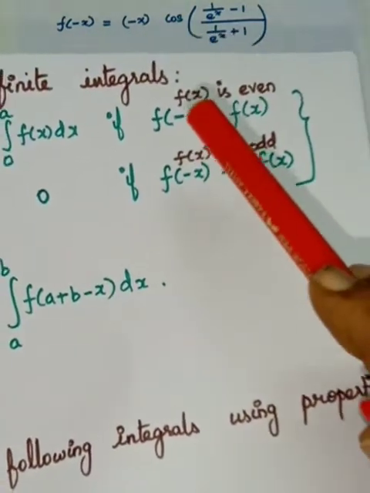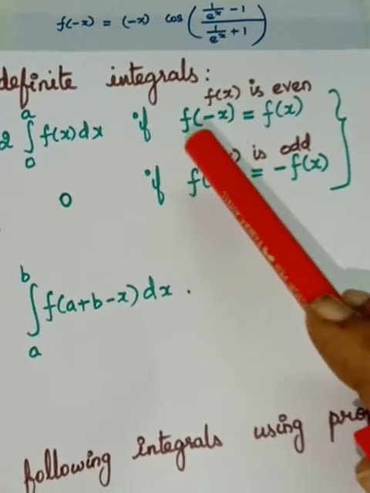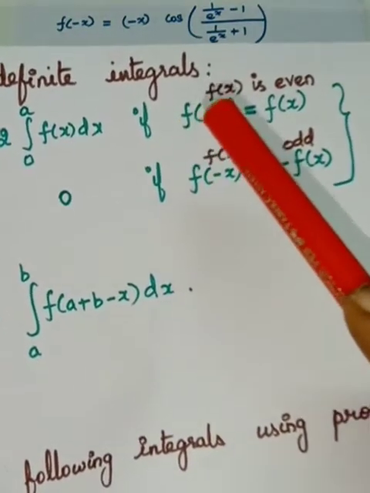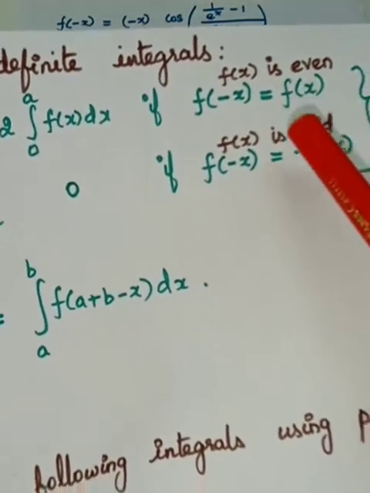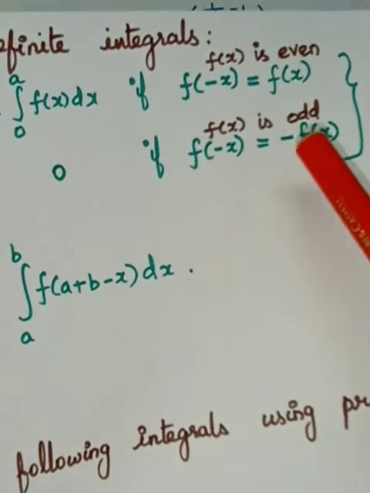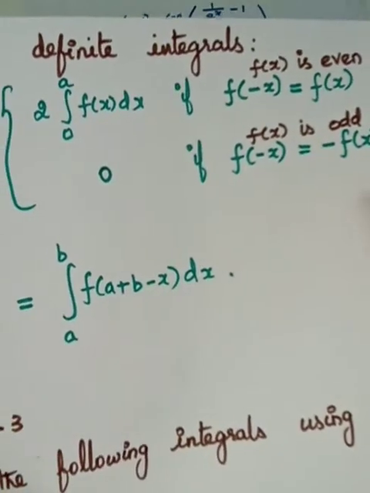You know very well, f of x is even means if we substitute x as minus x, that is f of minus x is equal to f of x. Okay, f of x is odd means f of minus x is equal to minus f of x.